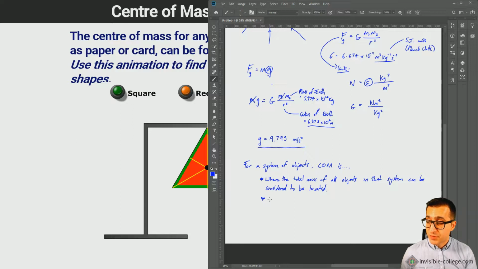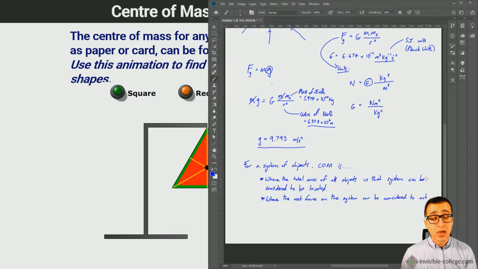So, for a system of objects, the center of mass is also where the net force, the resultant force on the system, can be considered to act.